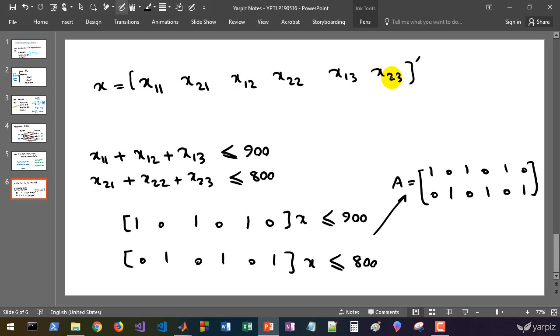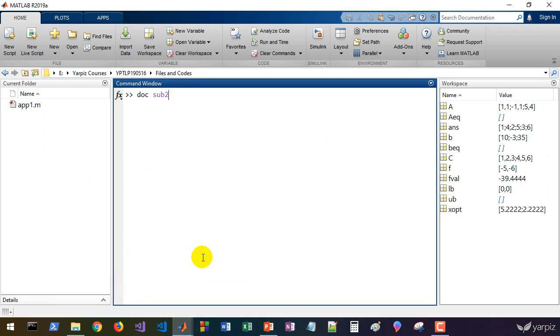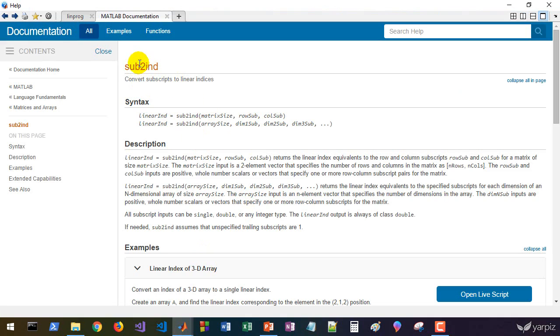And we have functions in MATLAB which do this calculation. For example, one of them is sub2ind, and this converts sub-indices to a single index.